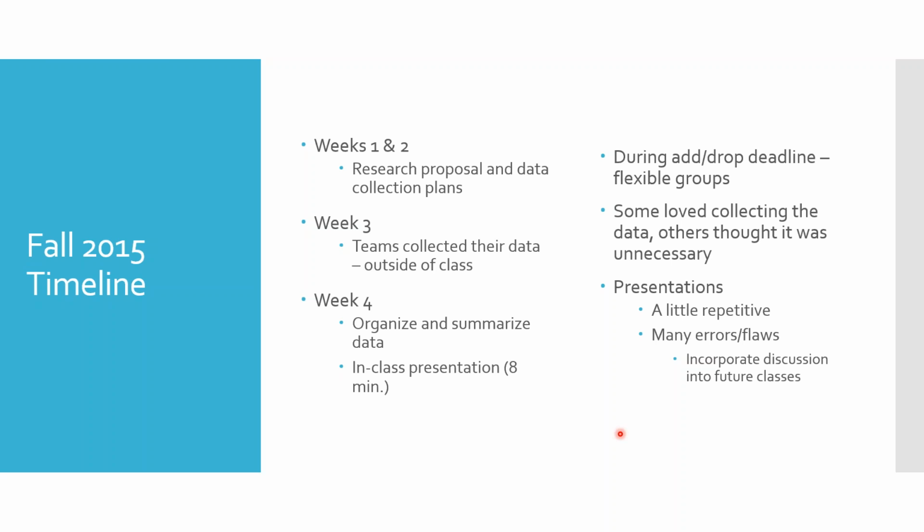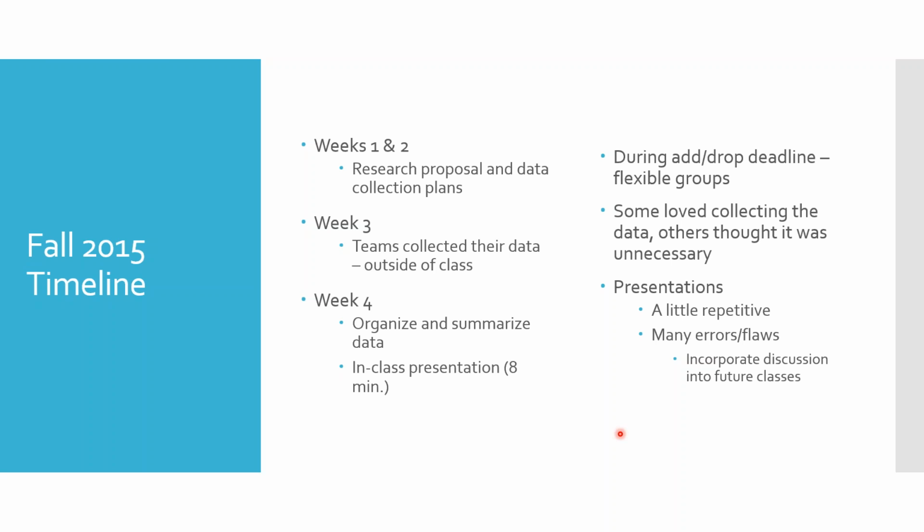I guess one nice thing is I kept track of some of these, and then I tried to incorporate them into the discussions in future classes. So I briefly mentioned something about, oh, by the way, this relates to our bubble project. Let's take a look at this. I didn't do just the errors or the flaws.